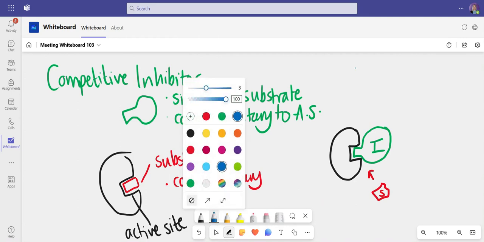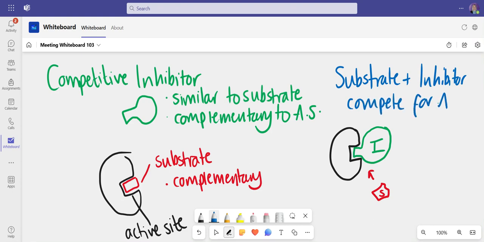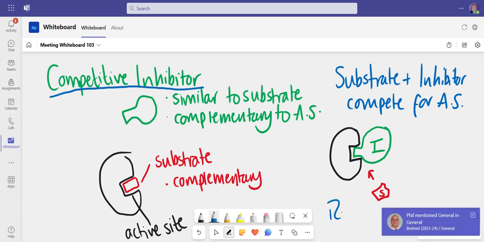So when you've got a competitive inhibitor, the substrate and the inhibitor compete for the active site, because they bind in exactly the same place. Now, most competitive inhibitors are reversible.